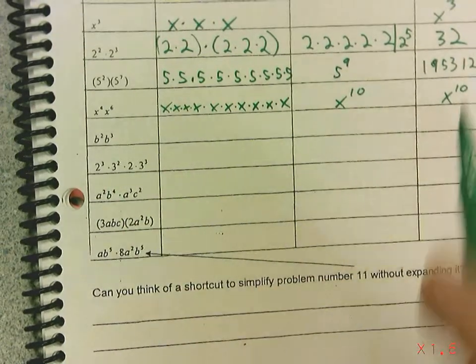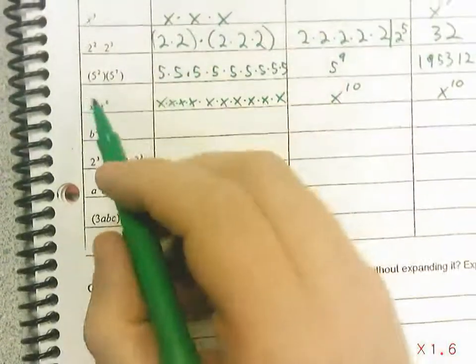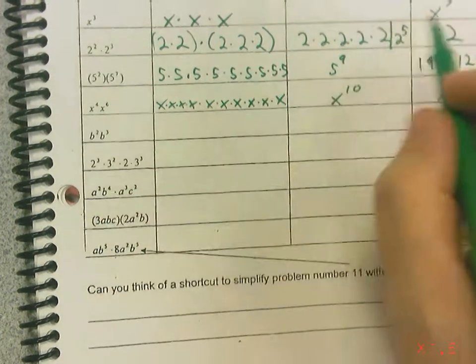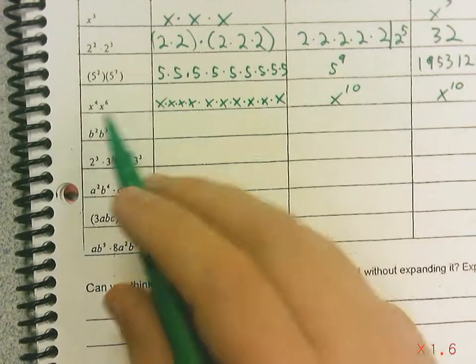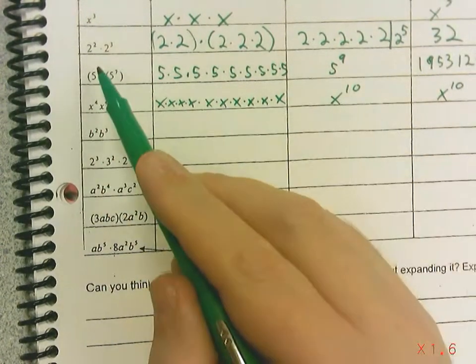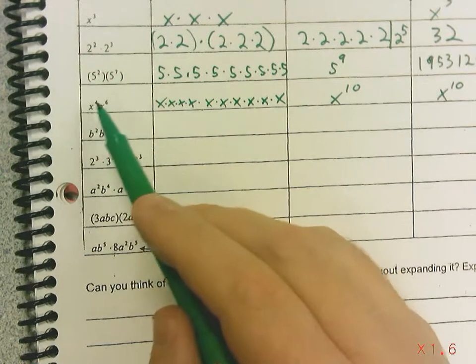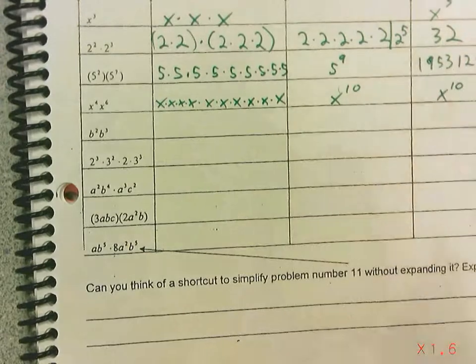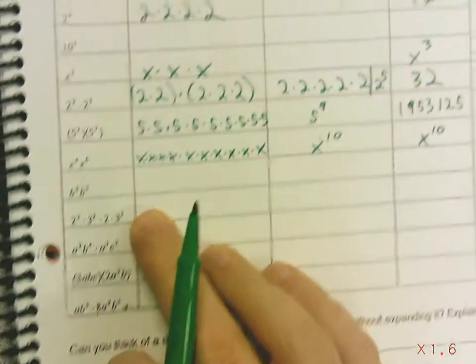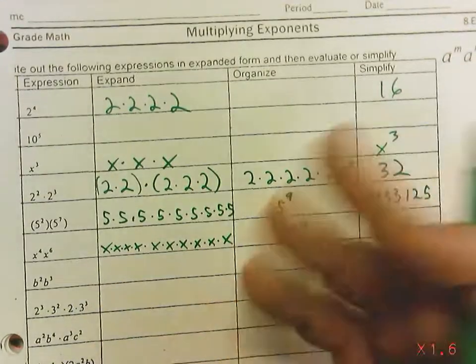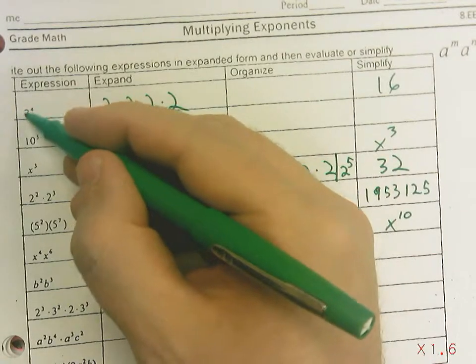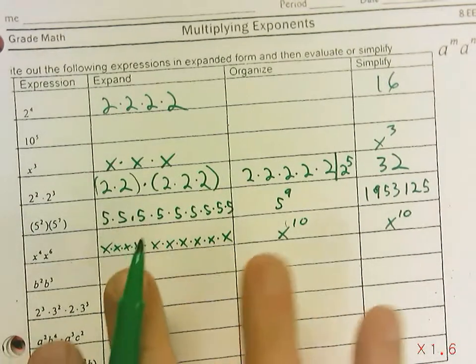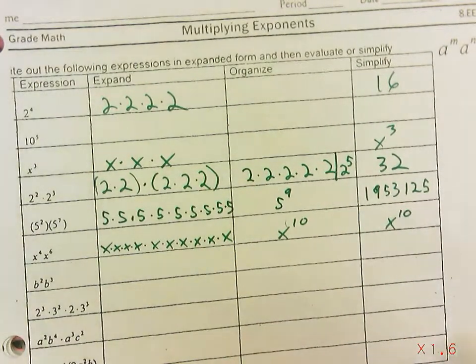So again, the shortcut: this became 5, this became 9, this became 10. If I just add the exponents together, I get these simplified numbers. So the trick with multiplying exponents is as long as they have the same base, you can just add the exponents together.